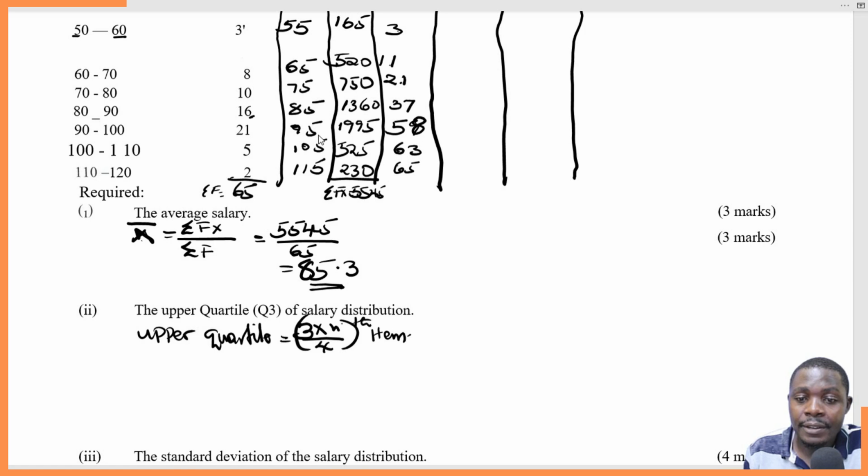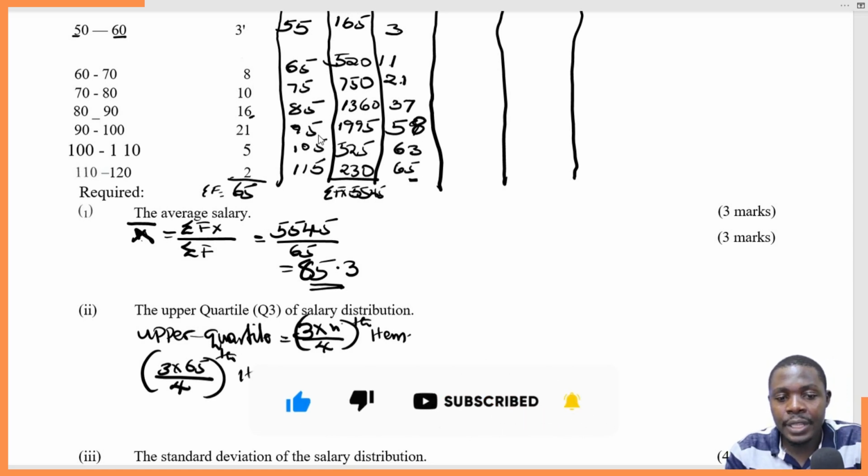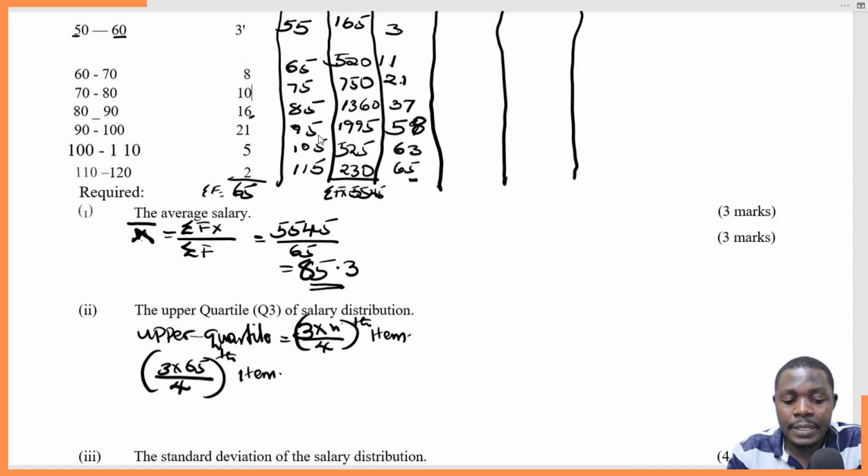Now in that case, we have n as 65, the number of items or the frequency, meaning we are going to have 3 multiplied by 65 divided by 4 item. Now let's compute this. If you take 3 multiplied by 65, you get 195. We are dividing by 4. 195 divided by 4, you get 48.75.